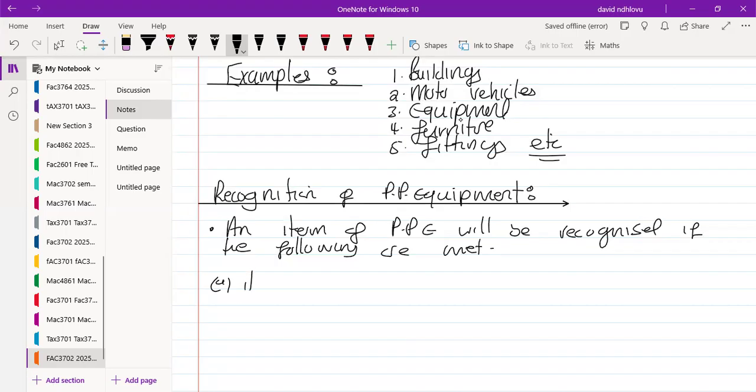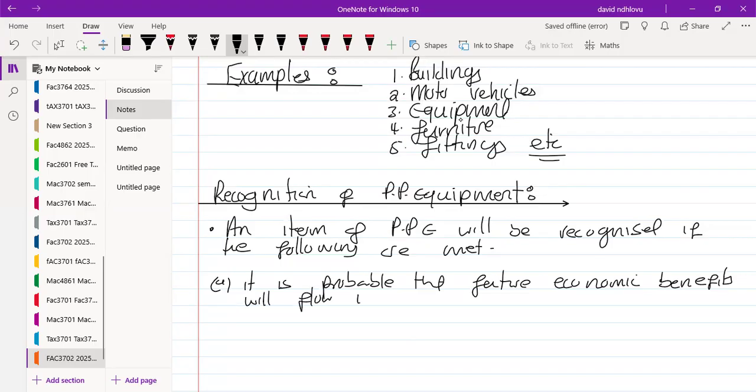Number one, it is probable that future economic benefits will flow into the entity from the use of the asset.